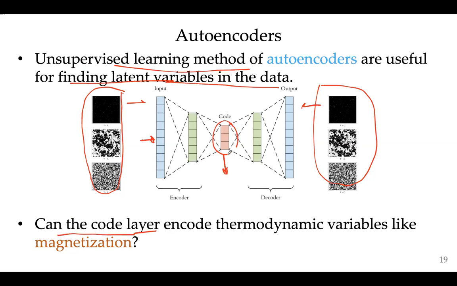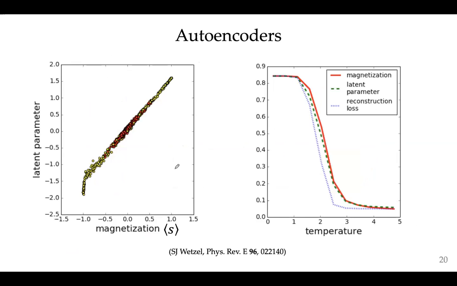So the question is, can this compressed information correspond to certain latent variables in the system? It turns out if you use this for spin models, the Ising spin model, the latent parameter and magnetization are linearly correlated.